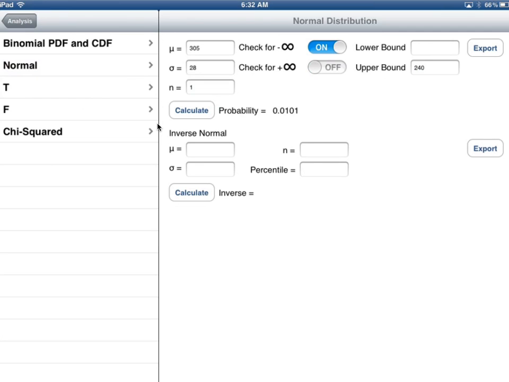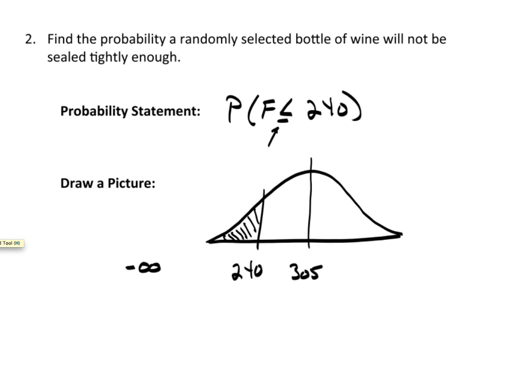So 0.0101. So in other words, approximately 1% are not on tight enough. Less than 0.5% are too tight, and less than 1%, or a little bit more than 1%, is not on tight enough.